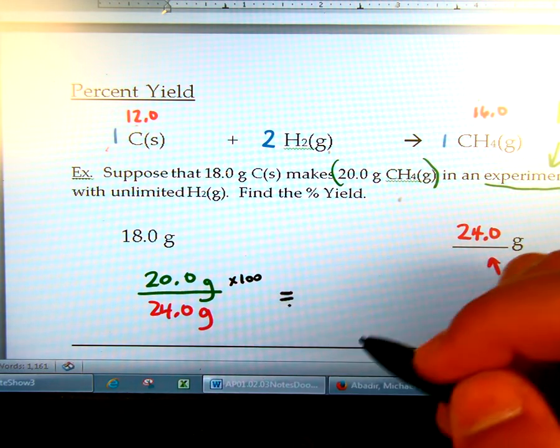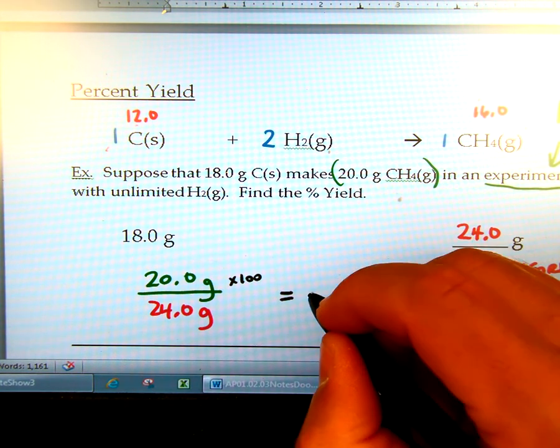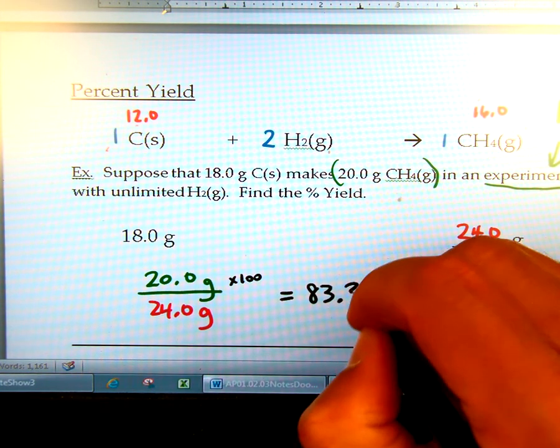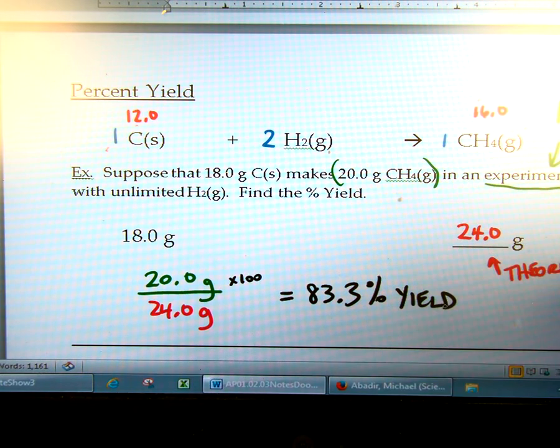And that's going to tell you your percent yield. On a calculator, you can do 20 divided by 24, and you're going to get 83.3% yield. So that's going to be actual over theoretical times 100.